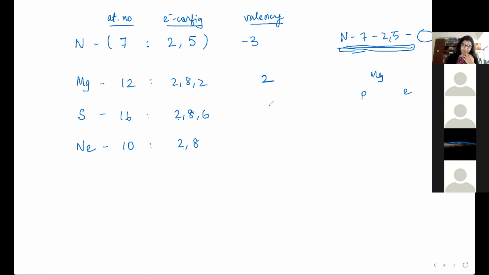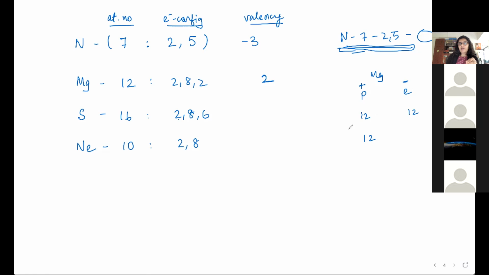Loses 2 electrons. Correct. So initially magnesium had 12 protons, 12 electrons. Protons are positively charged, electrons are negatively charged. Then protons are not affected. It will have 12 protons only.